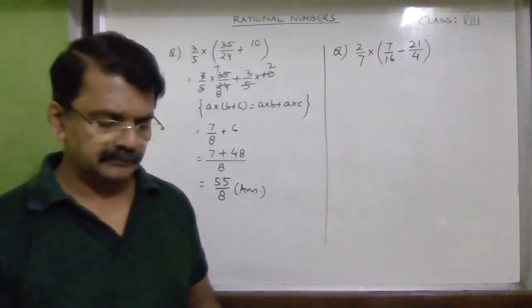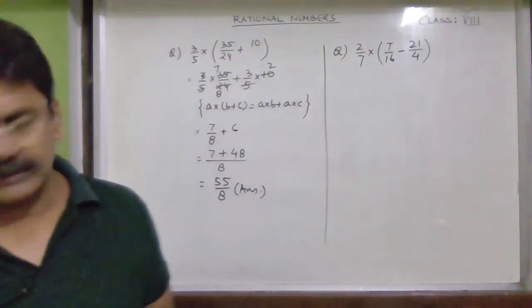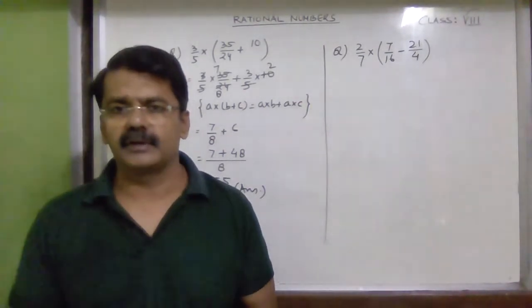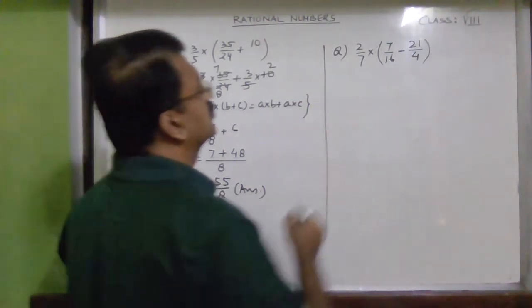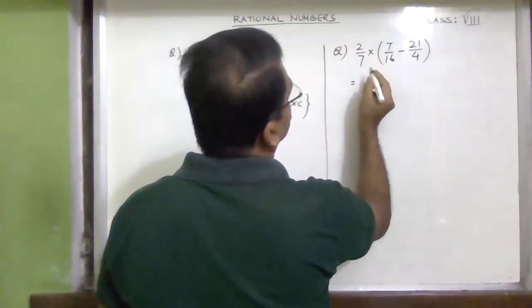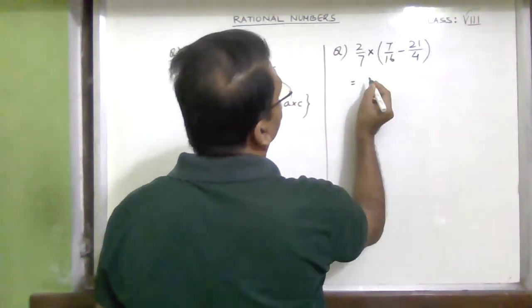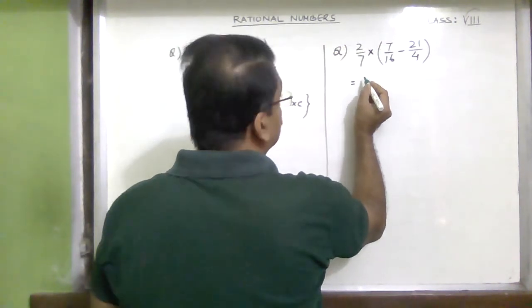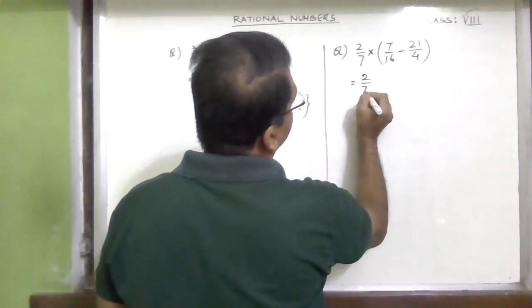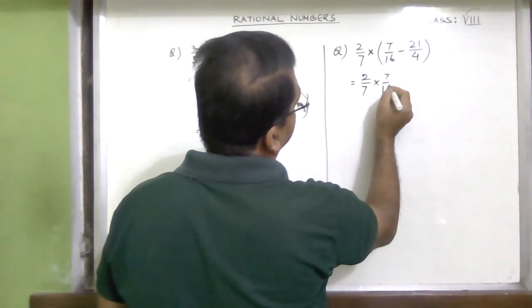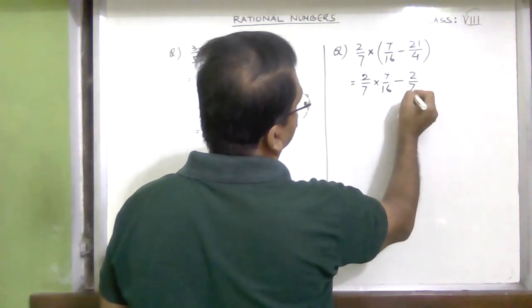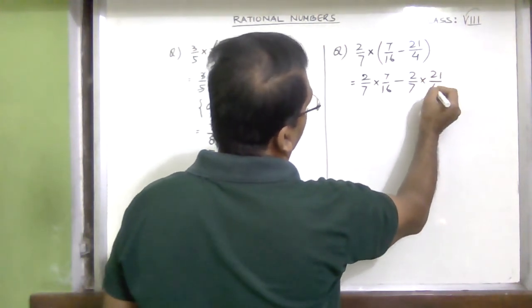Once again, you have to solve it using a property of rational numbers. So what we do, 2 by 7 into 7 by 16 minus 2 by 7 into 21 by 4.